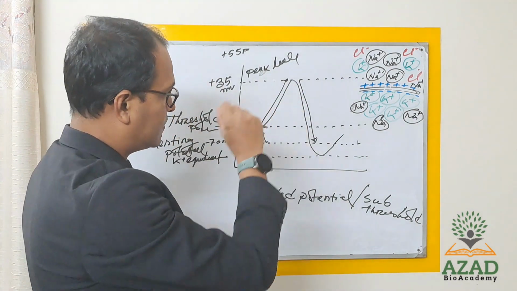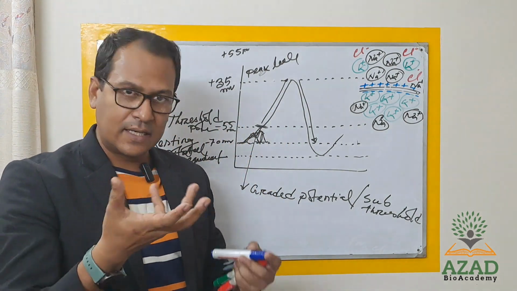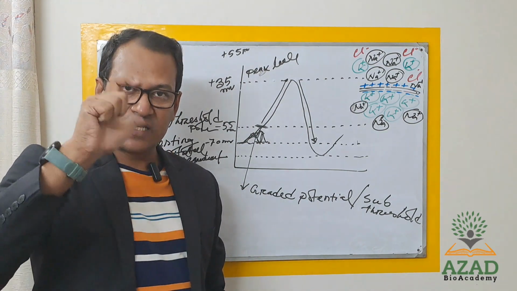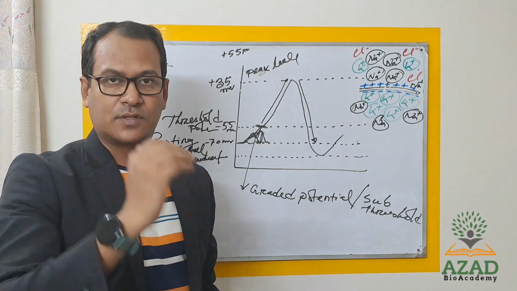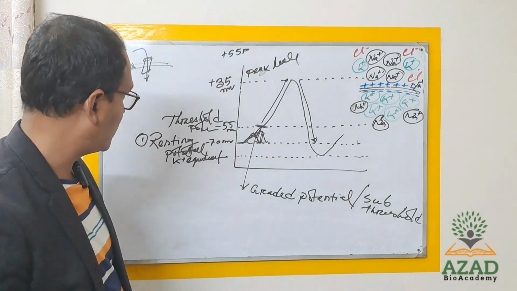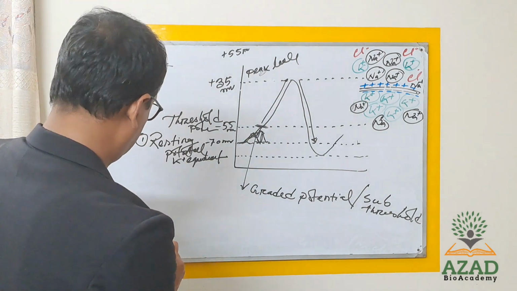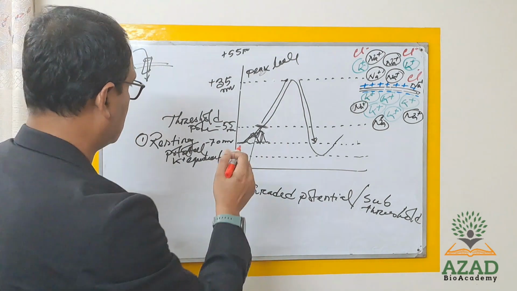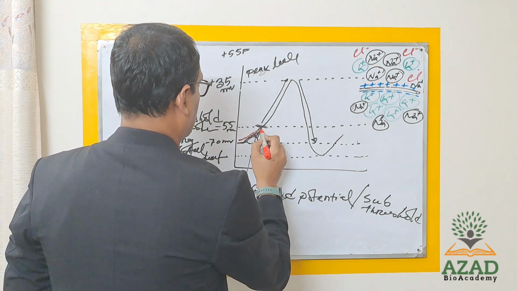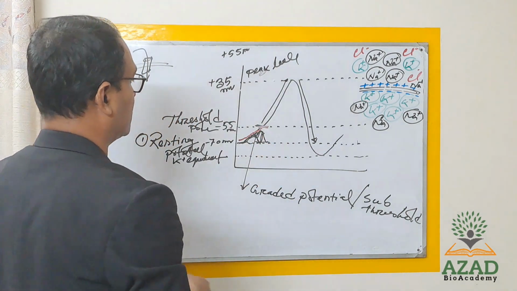But the sign of positive and negative does not mean positive current or negative current. Electricity has no positive or negative. Actually, it means the intensity of the potential changes. Now, coming to the point: when the stimulus is very strong and reaches the threshold level, then what will happen?